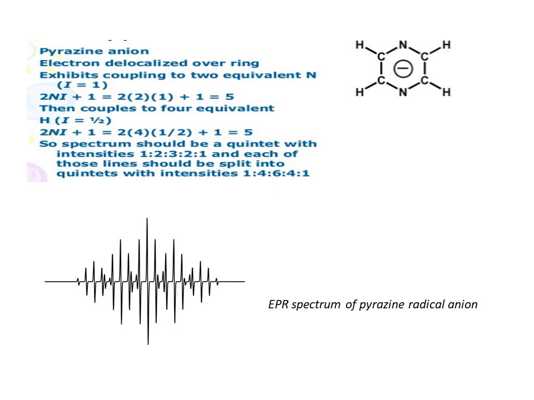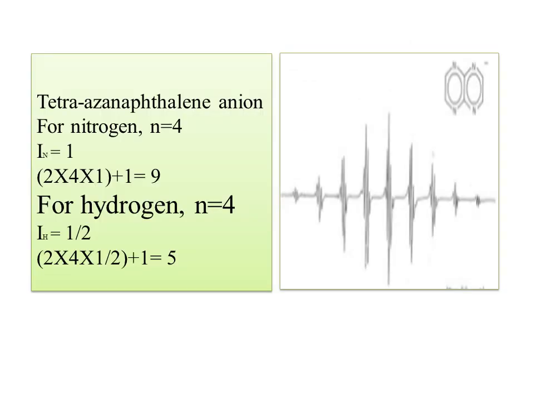The nitrogen splits the line into 5, and then the hydrogen nuclei split each of the 5 lines again into 5. Tetraazanaphthalene anion: here also nitrogen and hydrogen are involved in hyperfine interaction with the odd electron. The hyperfine splitting is shown as in the slide.